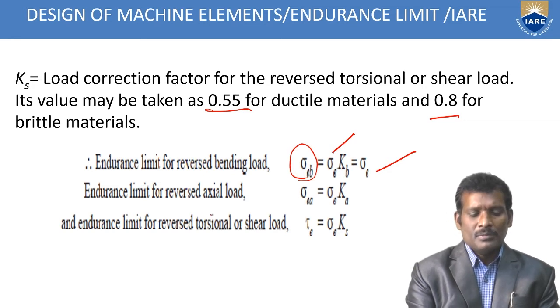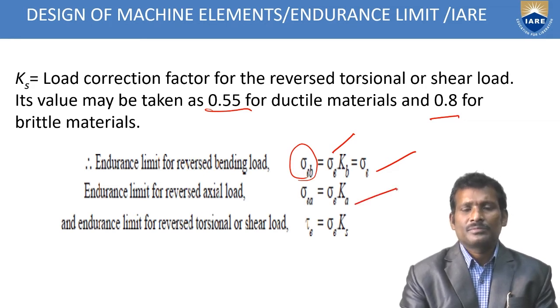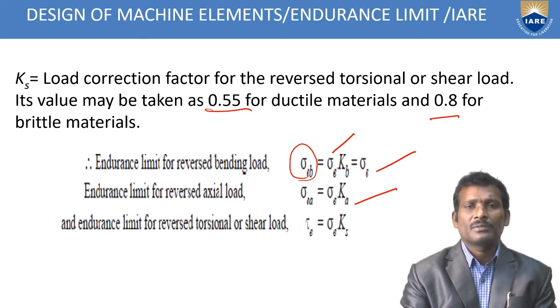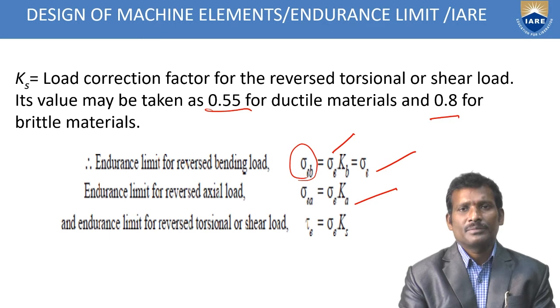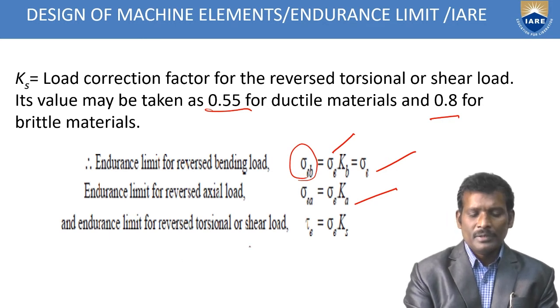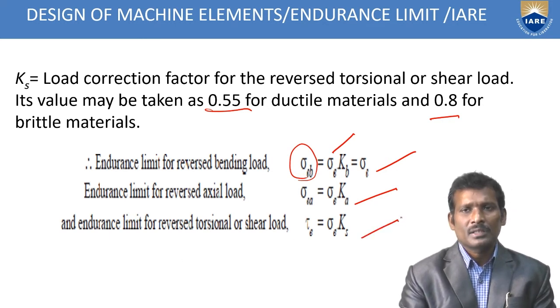Similarly, for reversed axial loads, multiply with Ka, the theoretical sigma E value, and you will get the actual endurance limit. Similarly, for reversed torsion or shear loads, sigma E is multiplied with Ks.